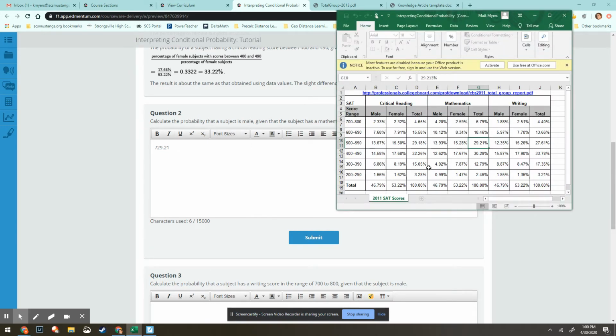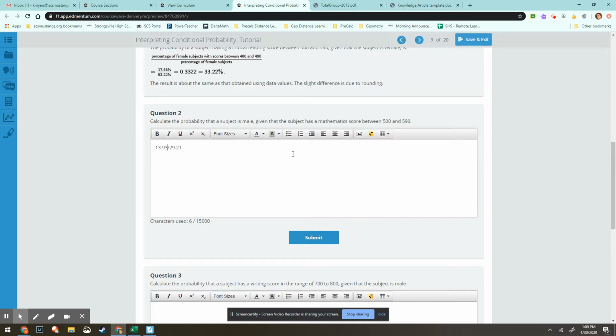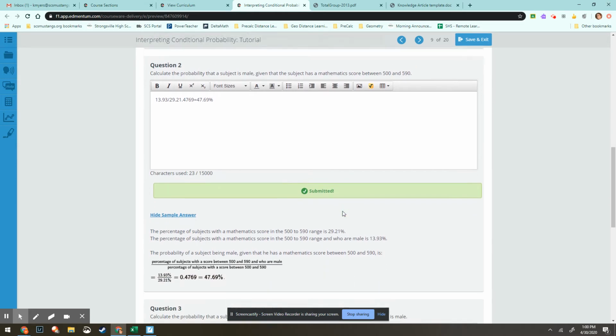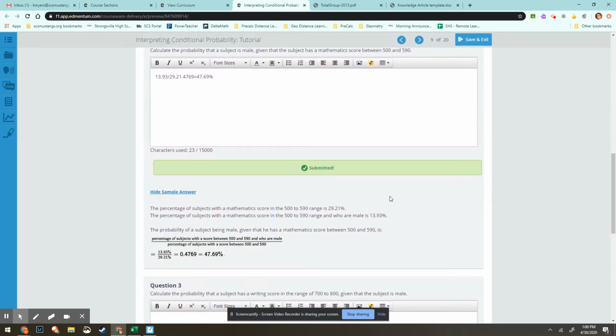But then the number of those that were males that had that score is 13.93%. So I'm going to do 13.93%. And when I divide those, I'm going to get 0.4769, which is 47.69%. That's the chance that you are a male, given that you had between 500 and 590.